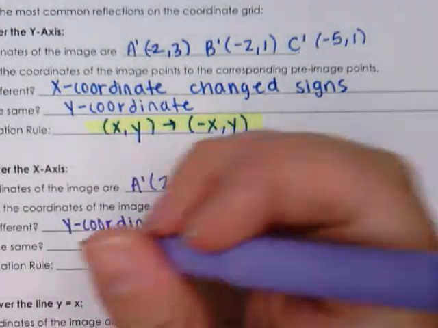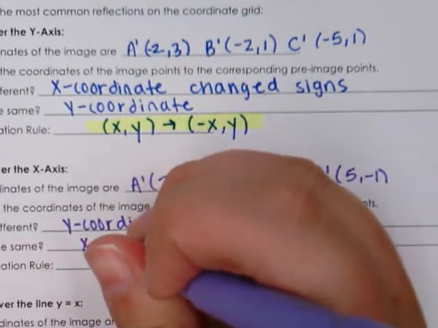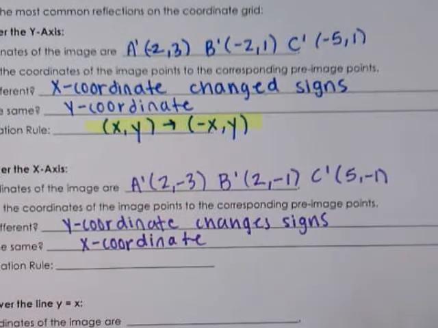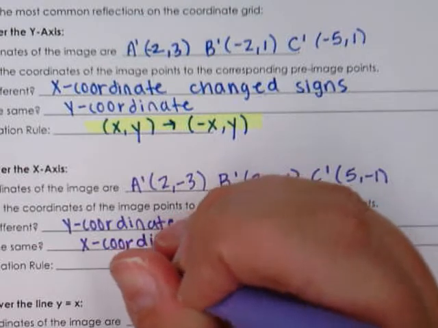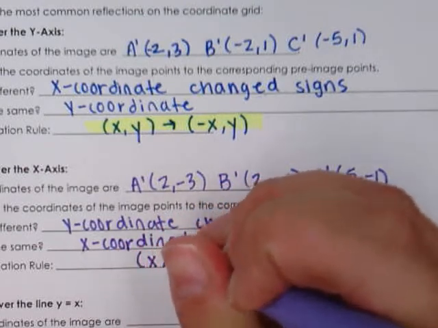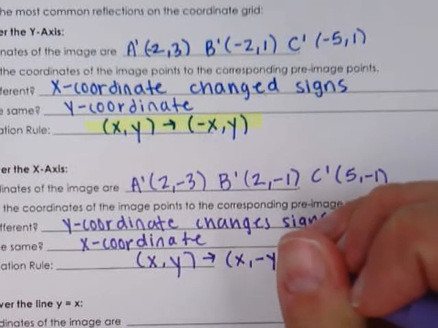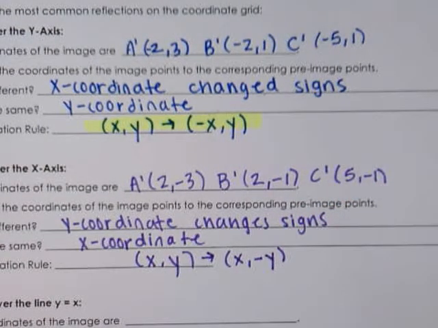Where now what's the same? The x coordinate is the one that stays the same. So for this rule, our pre-image ordered pair becomes x, -y, because this time it's the y that changes.